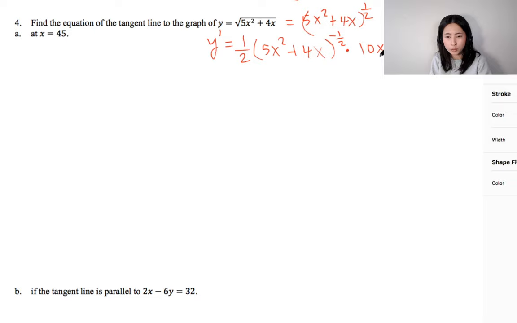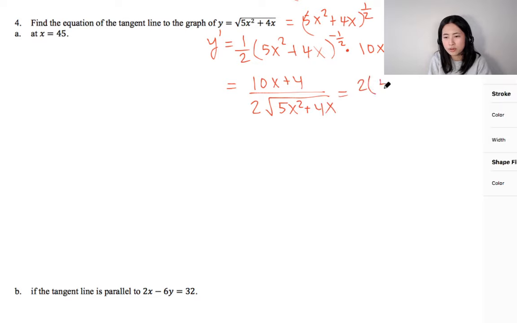Okay, great. So now that we found the first derivative, maybe we can organize this in a way that we can simplify things, because we need to be plugging in and writing the equation of the tangent line. So you have (10x plus 4) over 2 times the square root of 5x squared plus 4x. As you can see, we can cancel out the 2 by factoring the 2 first.